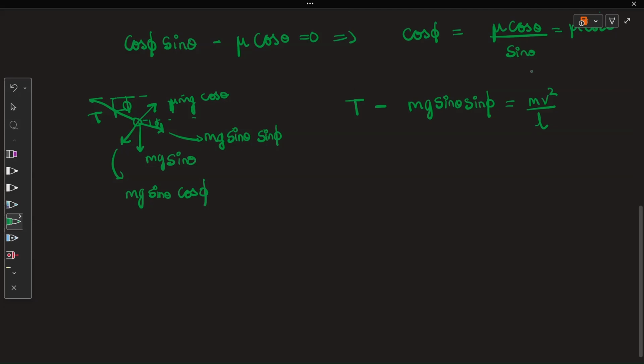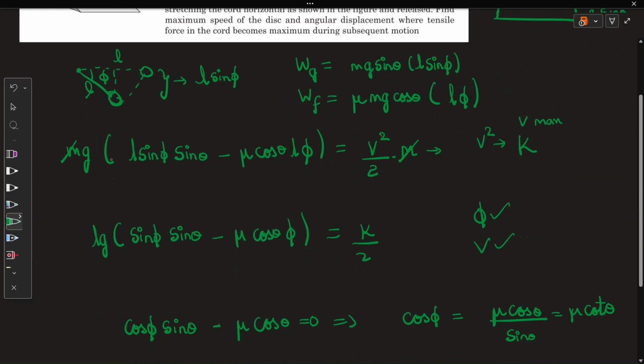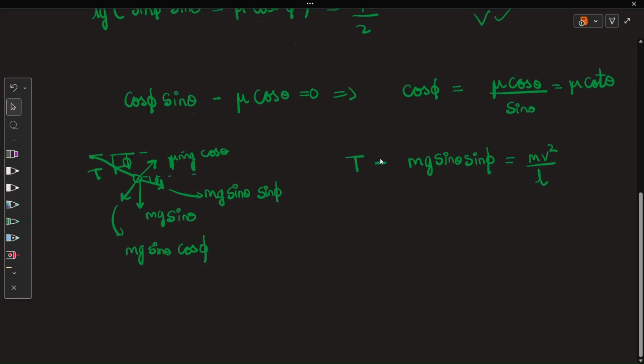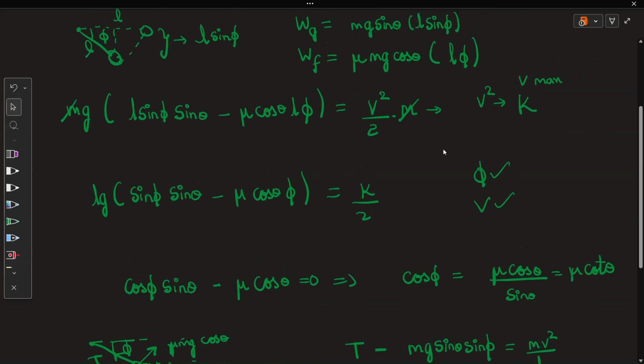So what will we get in v square? So we found the function of v square, right? Let's write m v square itself. I will continue here. T is equal to mg sin theta into sin phi plus 1 by L into, what we get is this 2 will go there, 2 mg L, correct?